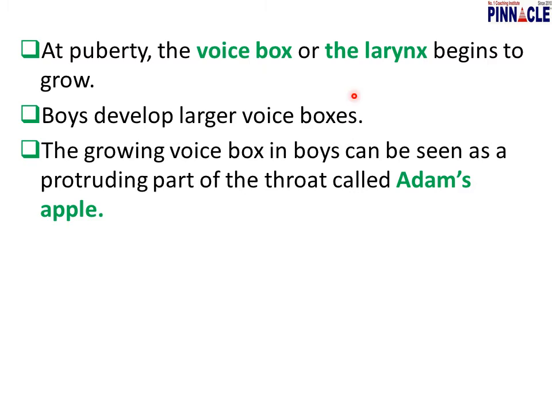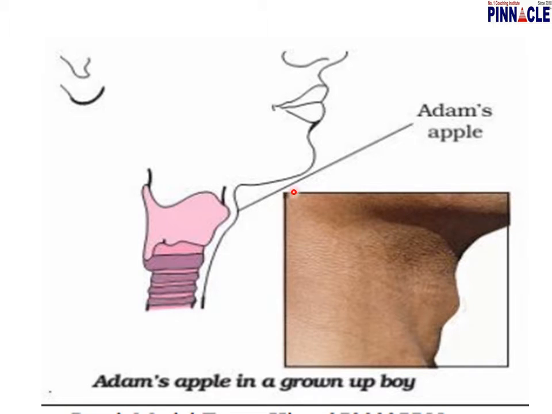The growing voice box in boys can be seen as a protruding part of the throat called Adam's apple, which is also part of the larynx.